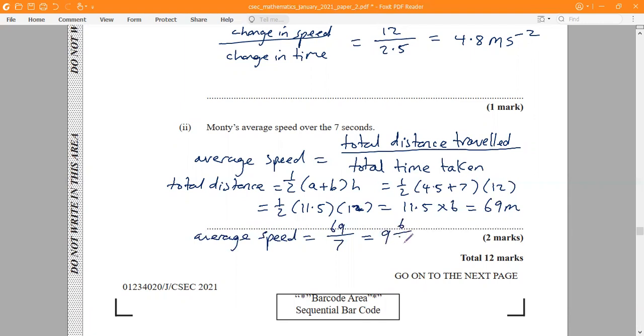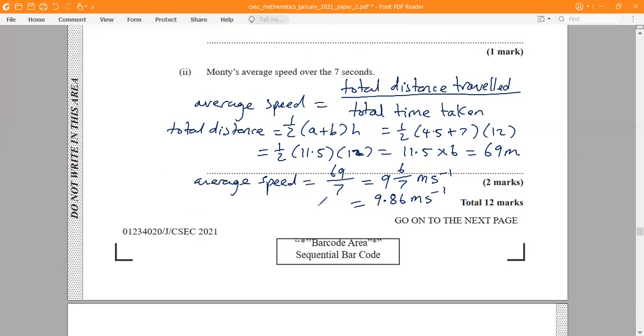Remainder 6. All right, which could be expressed in decimal form as 9.86 meters per second to 2 decimal places, right? So this would be the average speed for Monty.